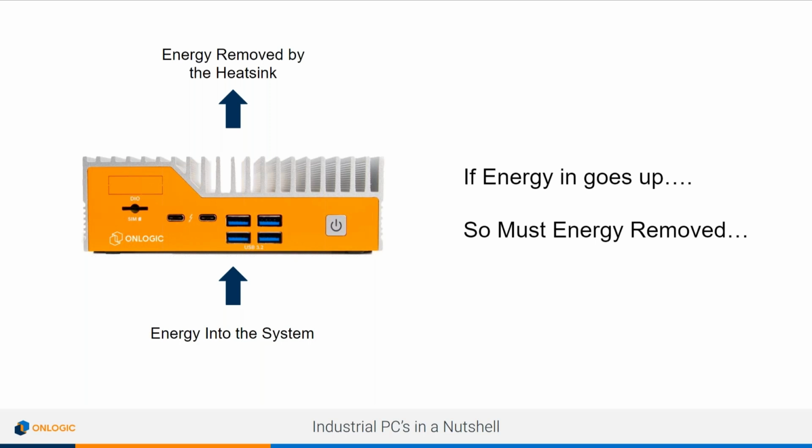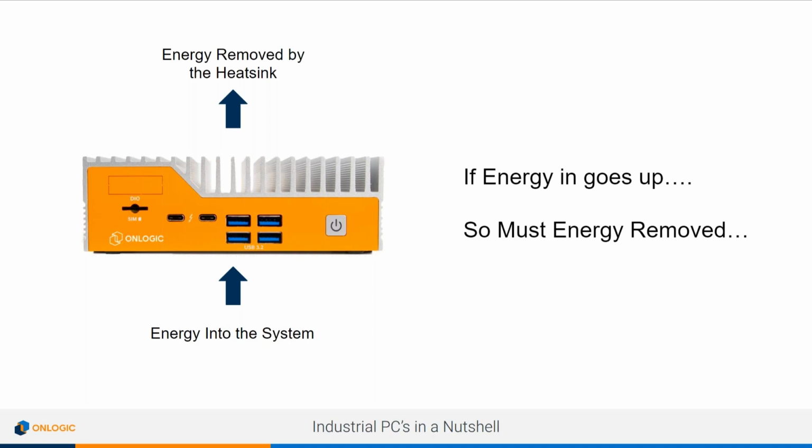So, as I stated, much like equations for natural convection, the thermodynamics of industrial PCs are pretty simple. Like anything, the amount of energy that goes into the system must be removed by the system. If the energy goes up, so must the energy removed. For computers, the energy going into the system comes from the wall.